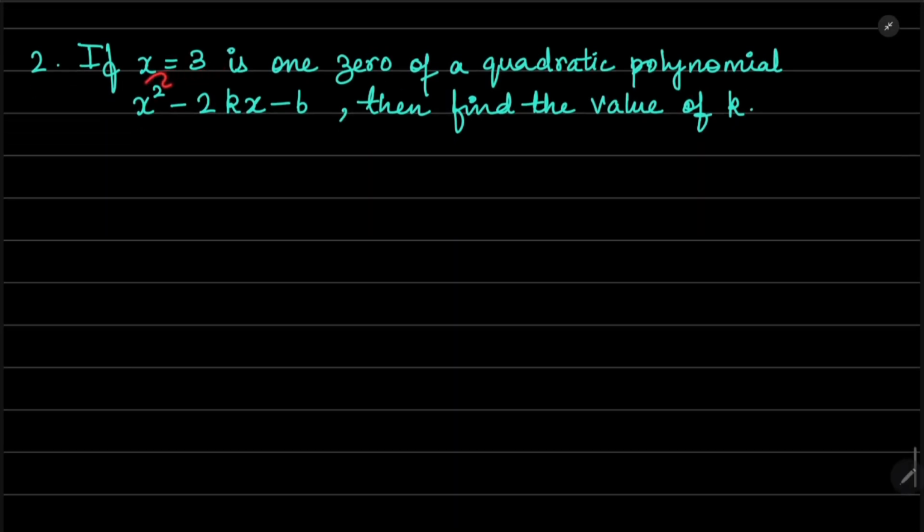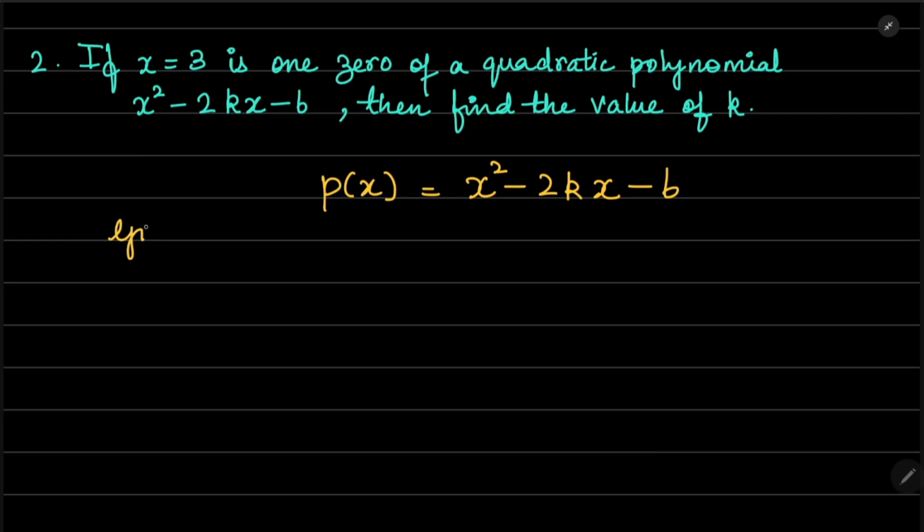If x equal to 3 is one zero of the quadratic polynomial x square minus 2kx minus 6, then find the value of k. So you are given the polynomial p of x, a quadratic polynomial, x square minus 2k into x minus 6. This is the given quadratic polynomial.